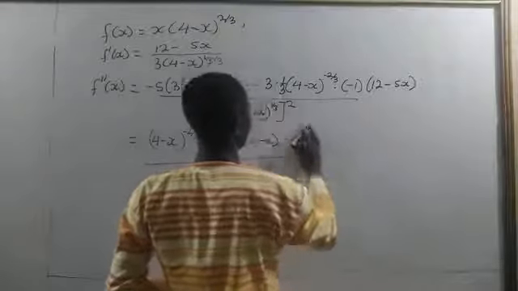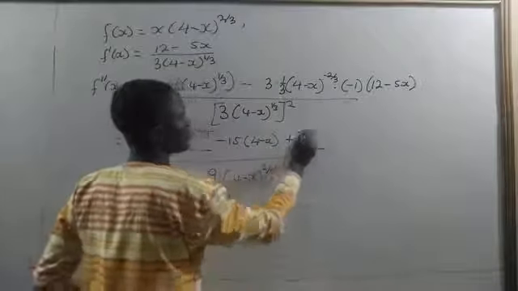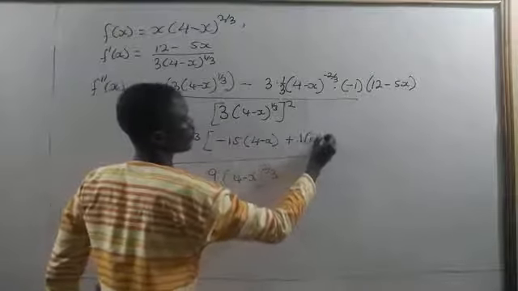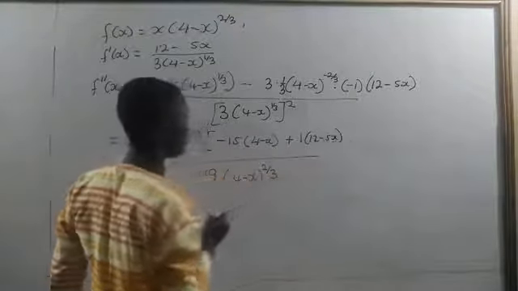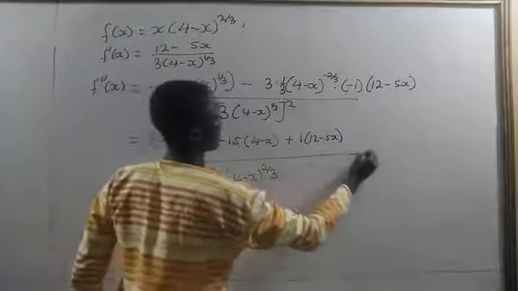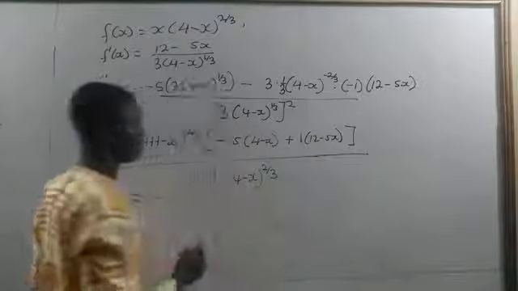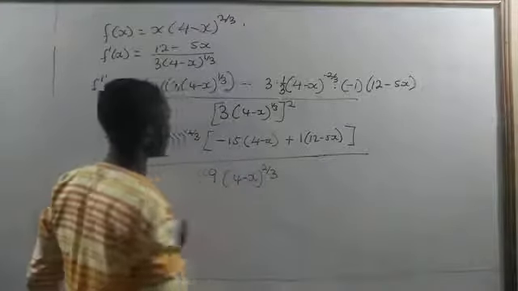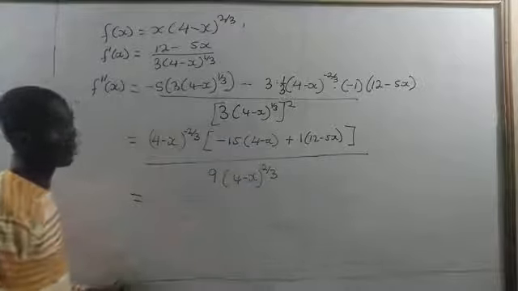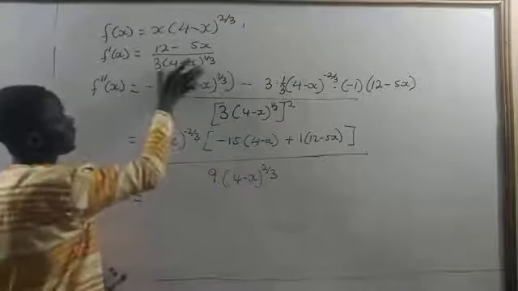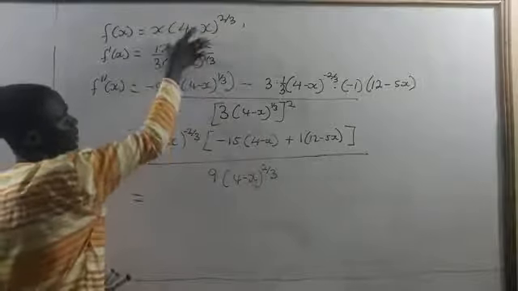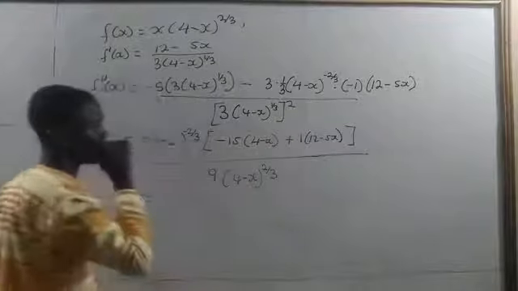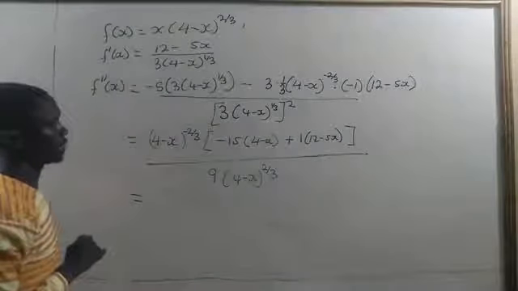So here we are going to have negative times negative, positive 1, 12 minus 5x. I didn't do that one. Very, very important. So that is what we are going to have. Oh, it's good now. When I finished differentiating this, I did not multiply it by the numerator. So this is the numerator that we have. So I hope now we can move with that.